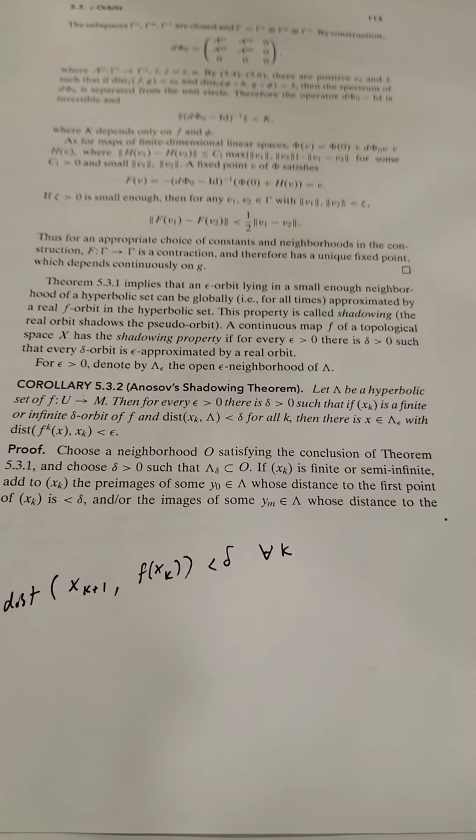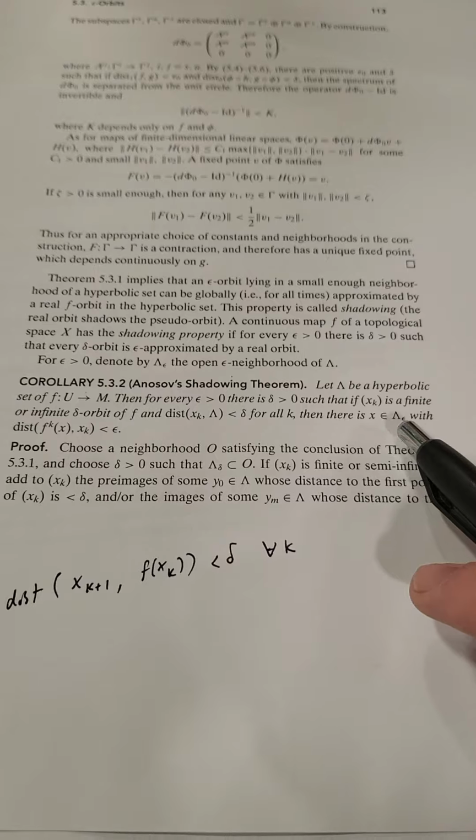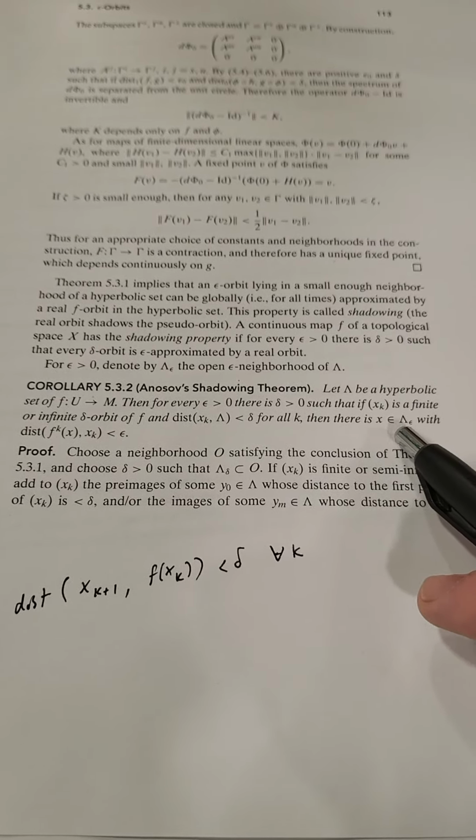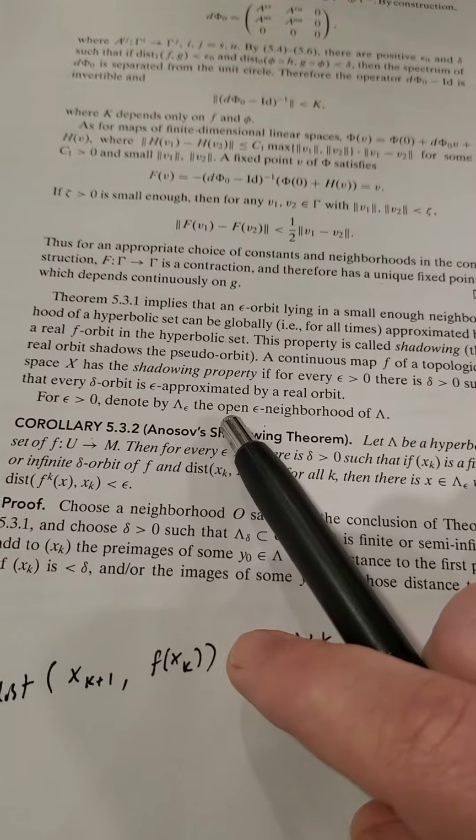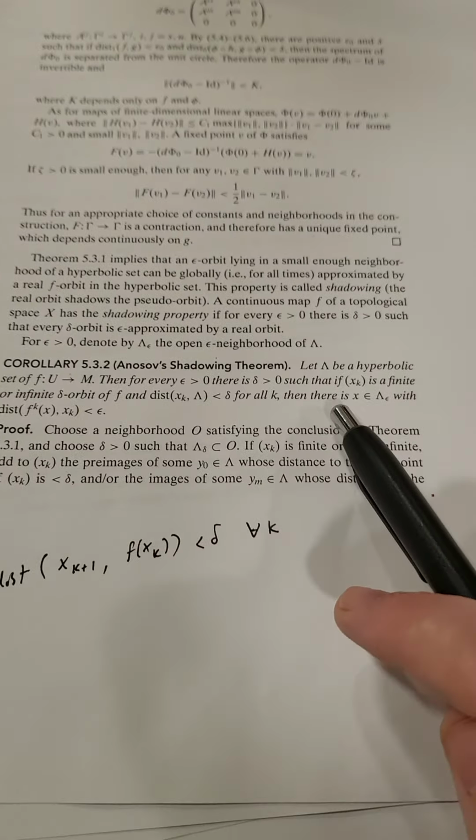Then there is an x within this lambda epsilon, so an epsilon neighborhood of lambda, I believe that should be. Yeah, so lambda epsilon is the open epsilon neighborhood of lambda, okay?